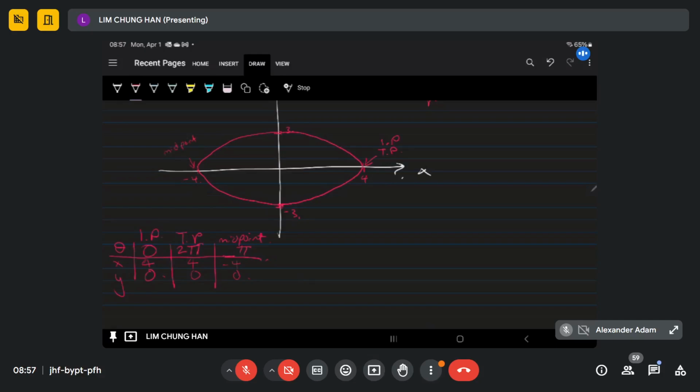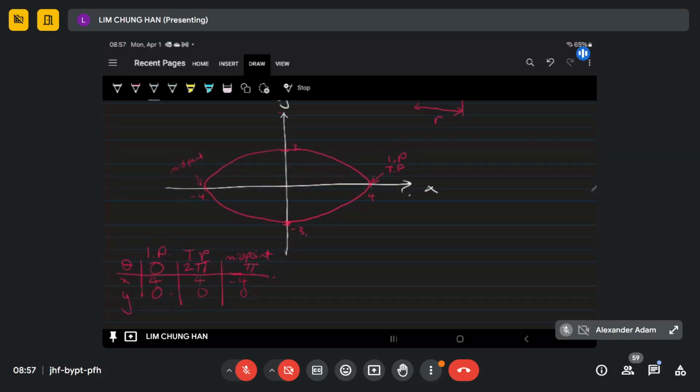So we still have a problem. We have IP, TP. However, what this means is the movement is a full ellipse. It starts and ends at the same point, but we don't know which direction it's going.